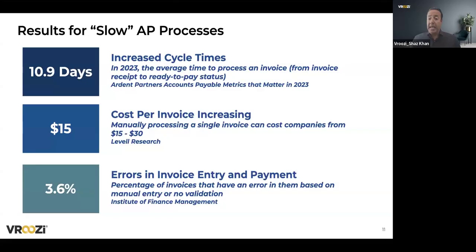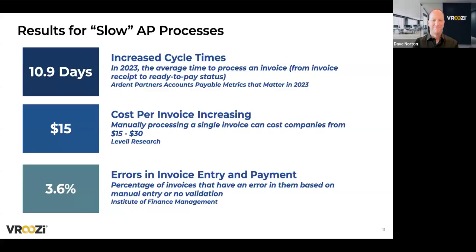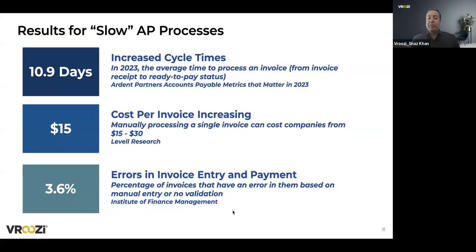But you're still looking at over double-digit days for a process that could take a few days. Cost per invoice is also increasing. This is always a joke in the market: a $12 invoice will cost more to process than the actual value of the document. So how do you speed up invoice processing so that you do not have a tremendous cost burden on your cost per invoice?